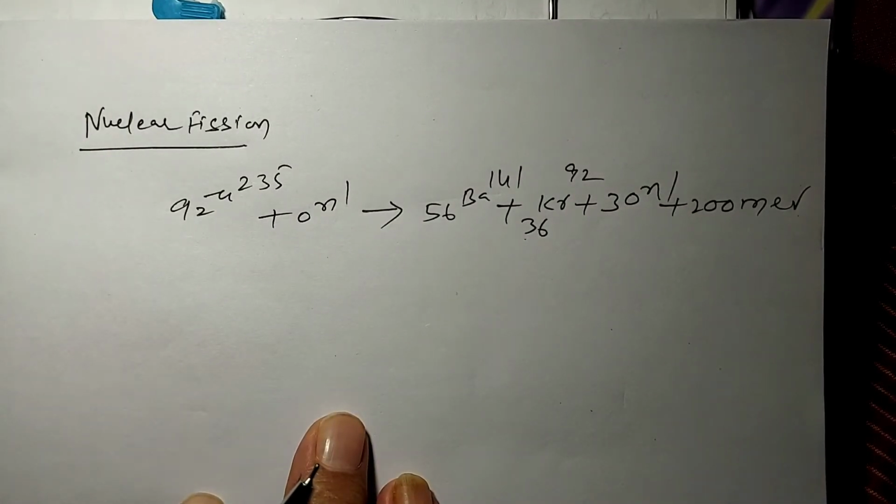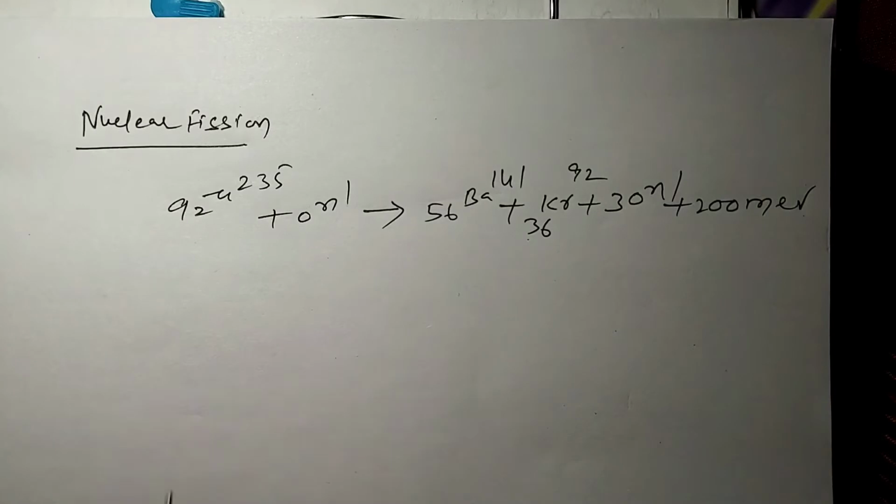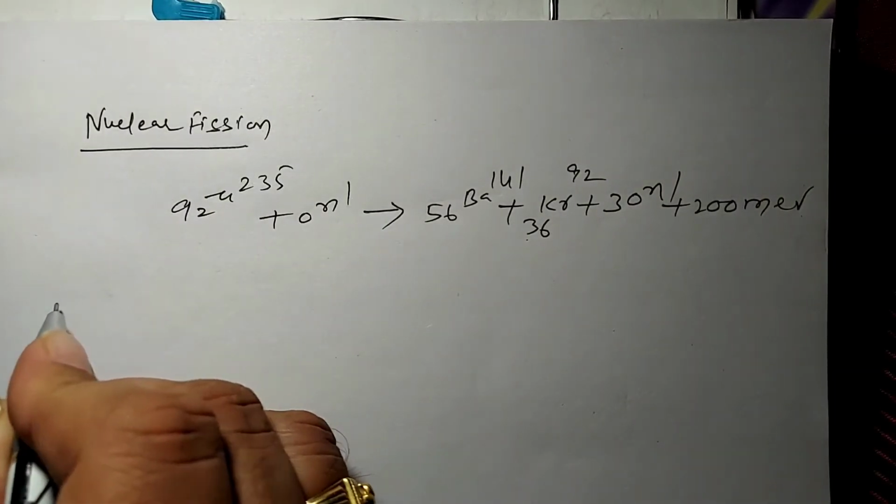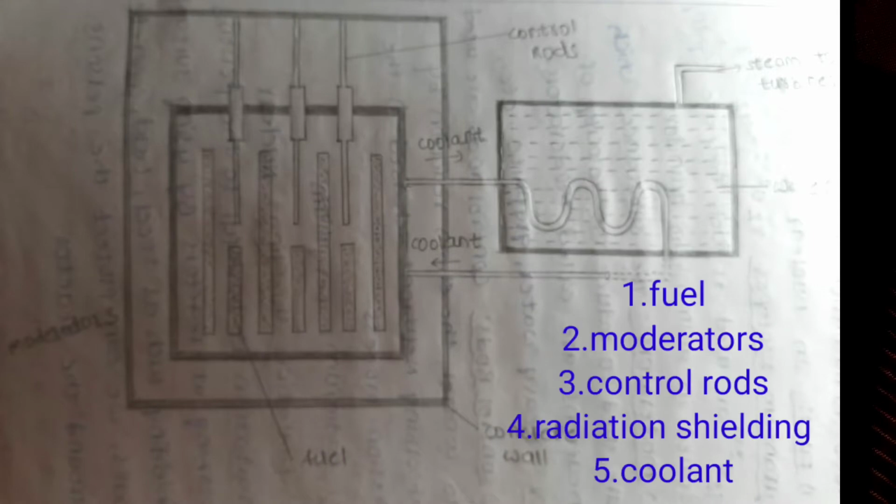So no need to write lengthy matter, I will explain step by step. Please follow. First you write the essential parts in a nuclear reactor. Number 1, fuel. Number 2, moderators. Number 3, control rods.